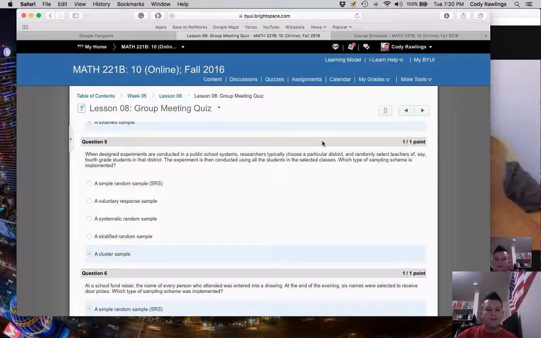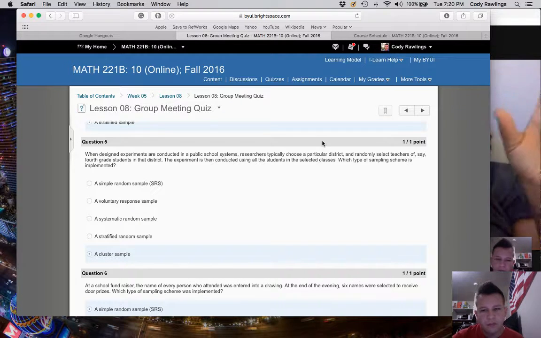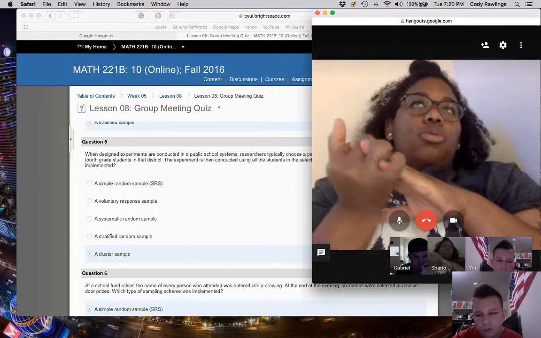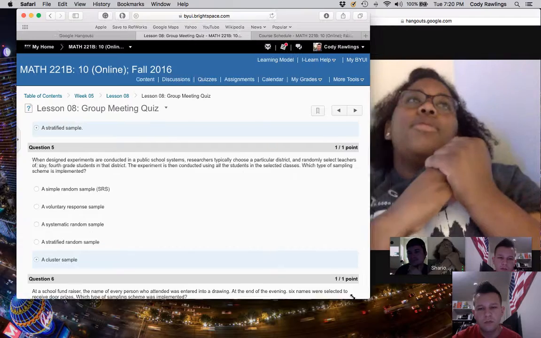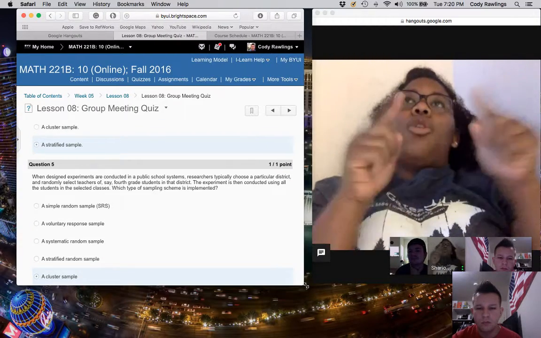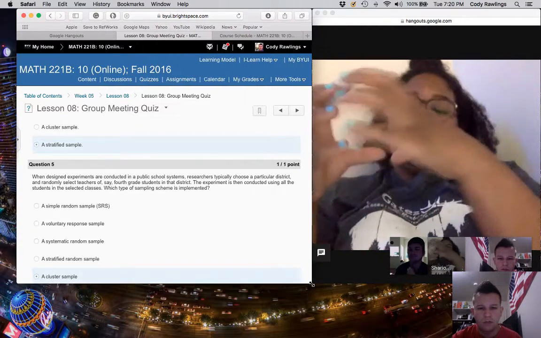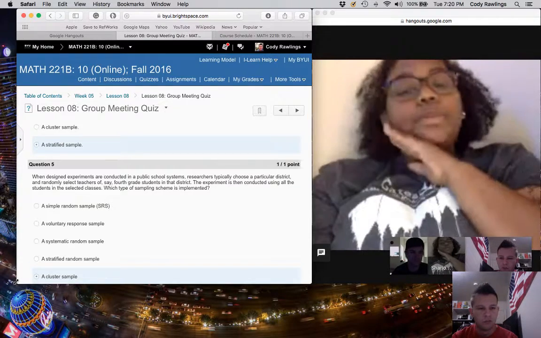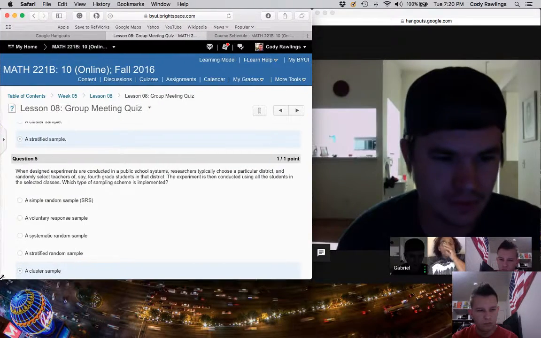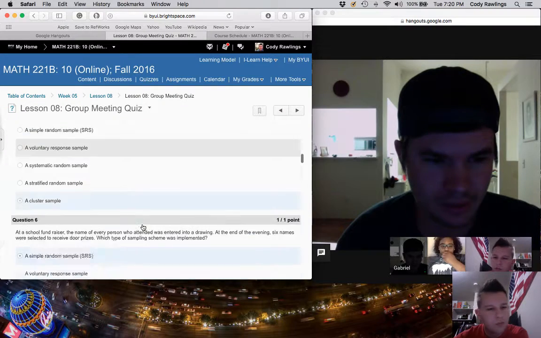Okay, that makes sense. Because stratified and systematic are kind of the same, except one is of a whole, and the other is of an already separated population. I got a cluster for 5, and then 6 I got a simple.